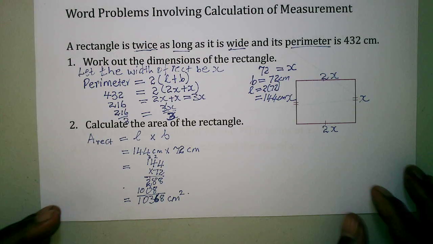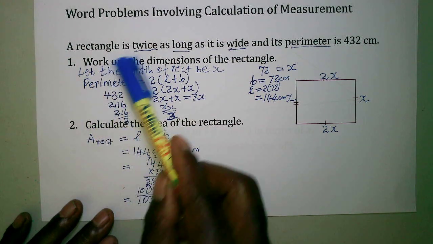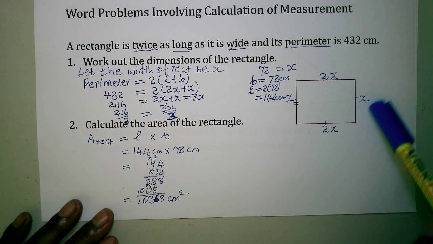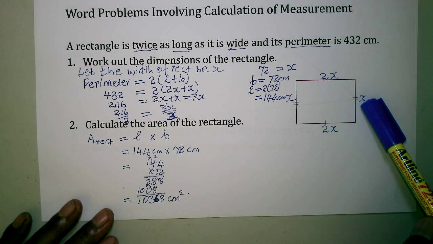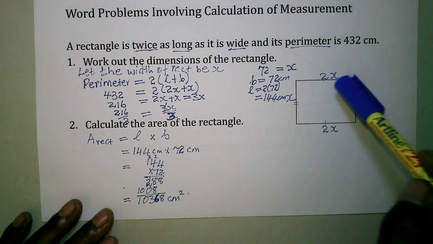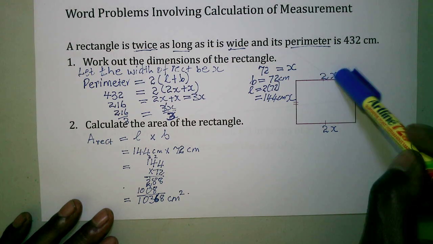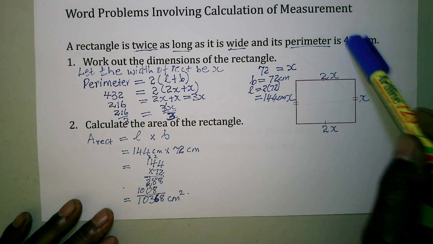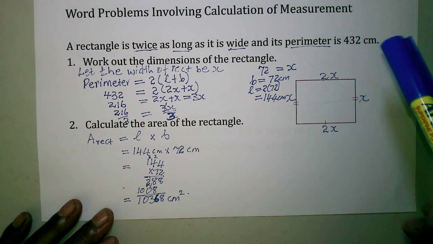Perhaps to recap, a rectangle is twice as long as it is wide. Let the width be x and the length will be twice the width. And its perimeter is 432 centimeters.